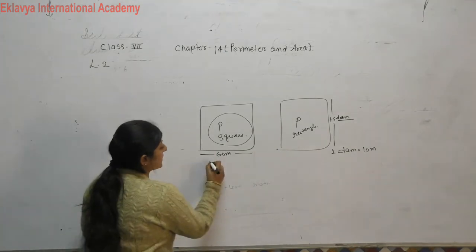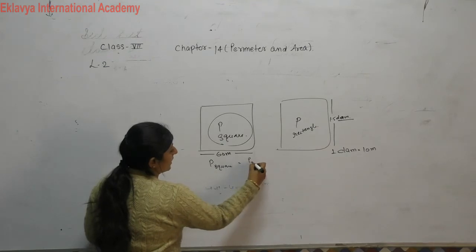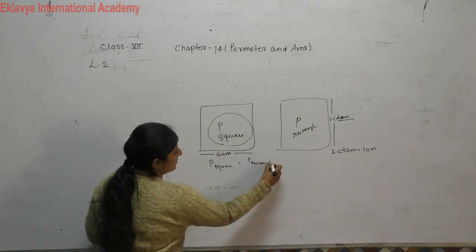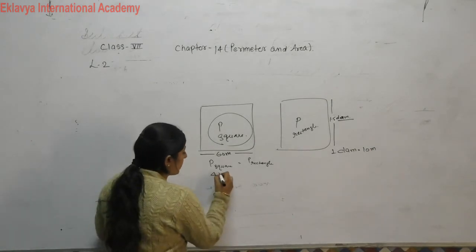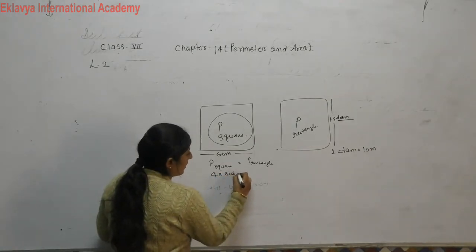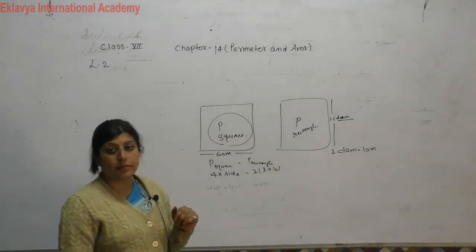In this question it is given to you perimeter of square is equal to perimeter of rectangle. तो perimeter of square क्या होता है, 4 multiply by side, और perimeter of rectangle twice of length plus breadth.